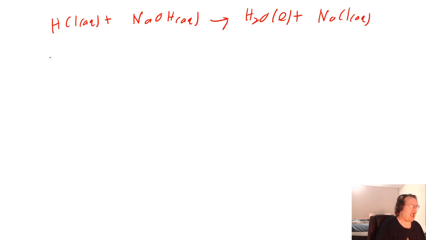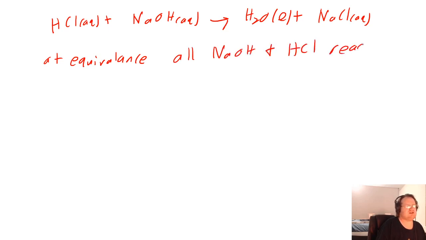So, at equivalence, all NaOH and HCl react. And it doesn't have to be exactly these two substances, right? It's whatever acid and base you're working with. So you have exactly enough to get this reaction to go. You don't have an excess reactant. You don't have a limiting reactant. That means if you know moles of one, you can find moles of the other.